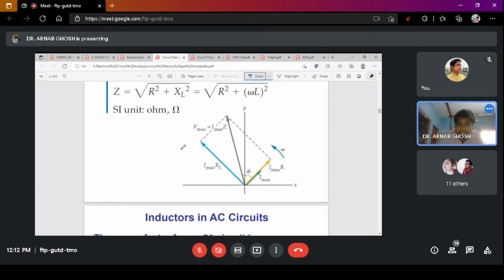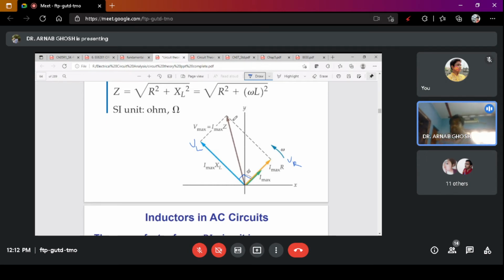You see, this is your VL, this is your VR, and this is your Imax. So the angle between Imax XL and the Imax is 90 degree. That is, the current phasor is lagging the voltage phasor by 90 degree, and the voltage across the resistance is in phase with the Imax phasor.